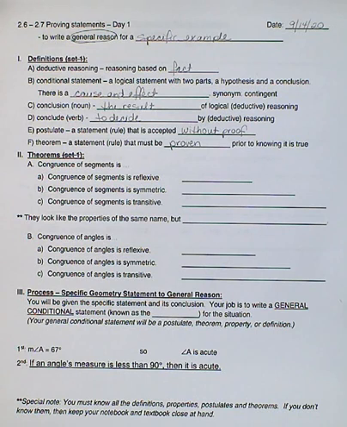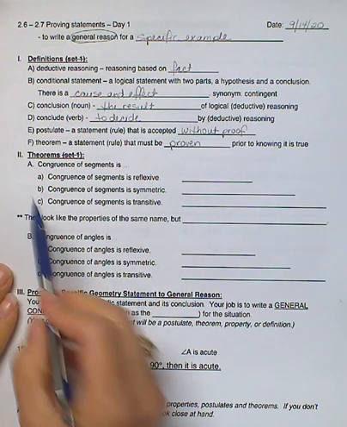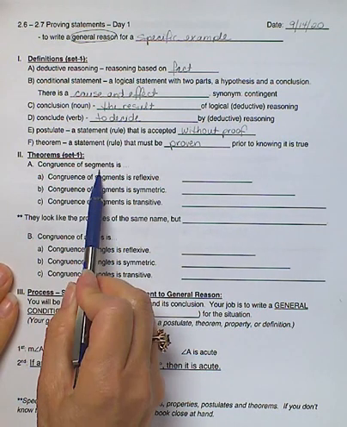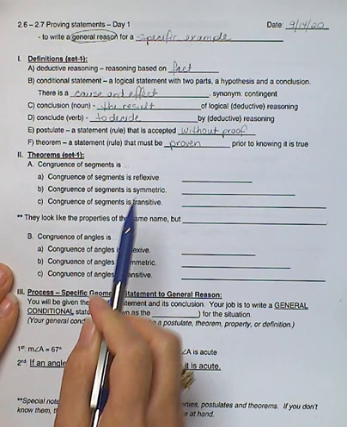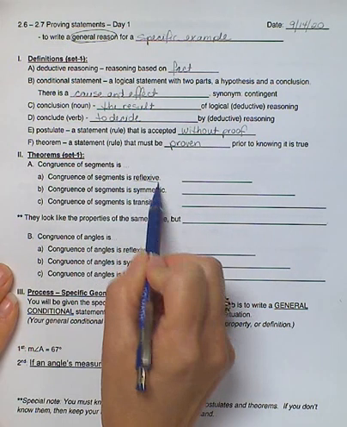So we're going to learn a new list of theorems today. There are 6 of them, but they're really pretty closely related. The first 3 are all about segments, and the next 3 are all about angles. And you'll have seen the words reflexive, symmetric, and transitive before in the case of properties.